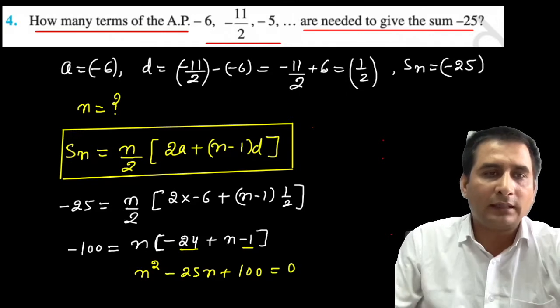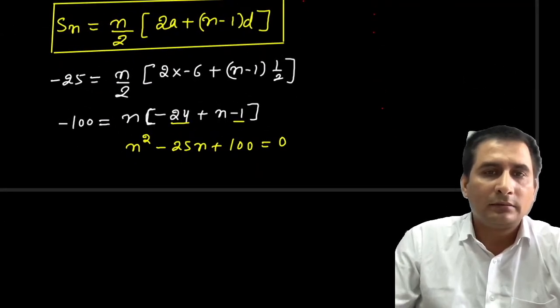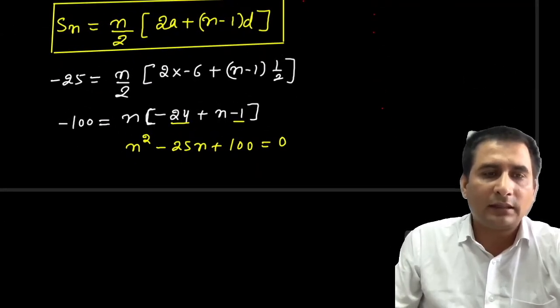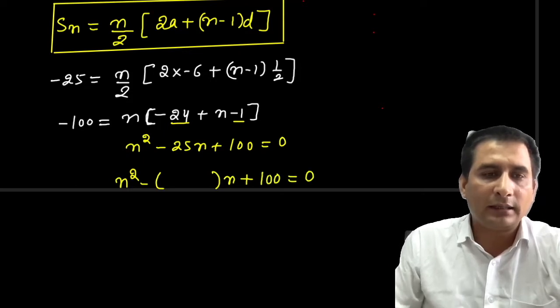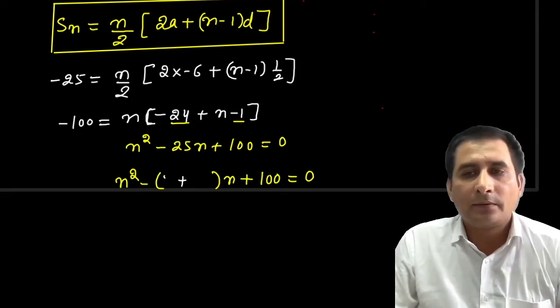So now you have to factorize it by the splitting the middle term method. Factorize it. So tell me two numbers which add up to 25 and multiply to give 100. What are those two numbers? Anyone?